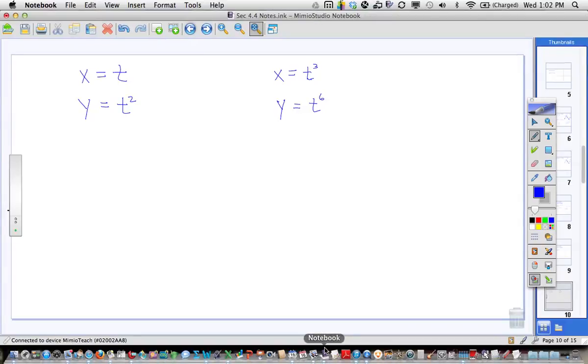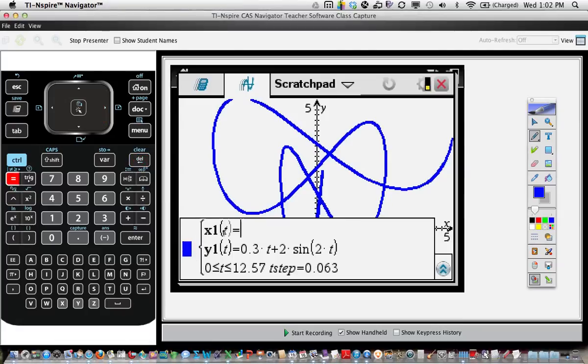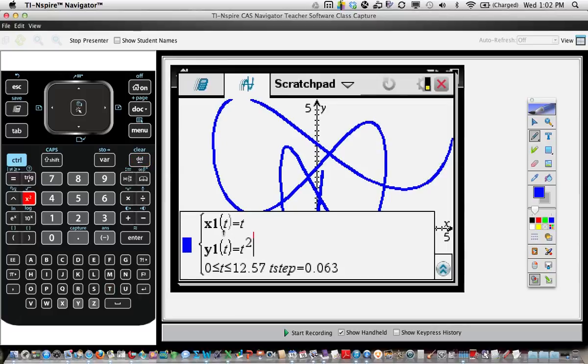Just this first one here, the one on the left. x equals t and y equals t squared.